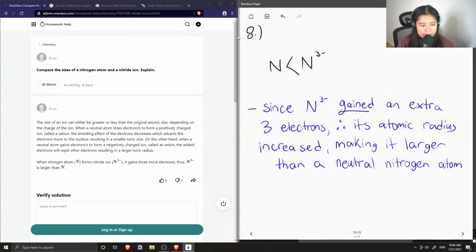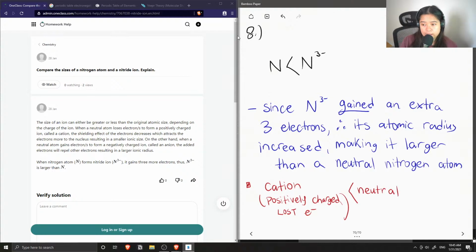So a rule of thumb when trying to compare the sizes of different ions is that when you have a cation, which is positively charged, and it lost electrons, it tends to be smaller than our neutral atom.